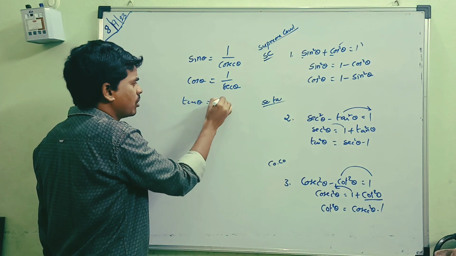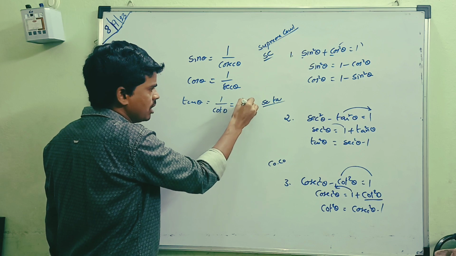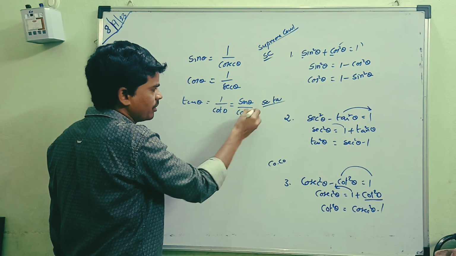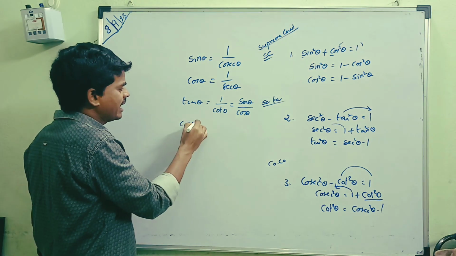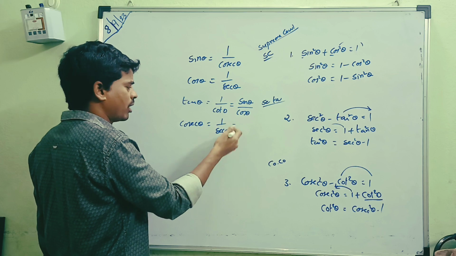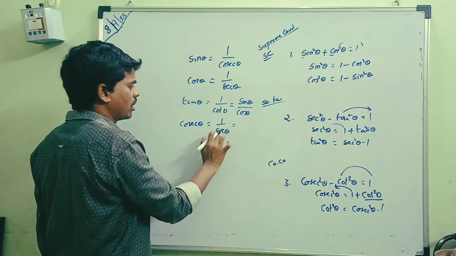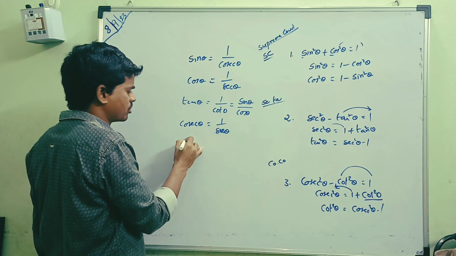Tan theta is equal to 1 by cot theta, or else we can also use sin theta by cos theta. We can use both. Okay? Next, cosecant theta is equal to 1 by sin theta only, we can use.